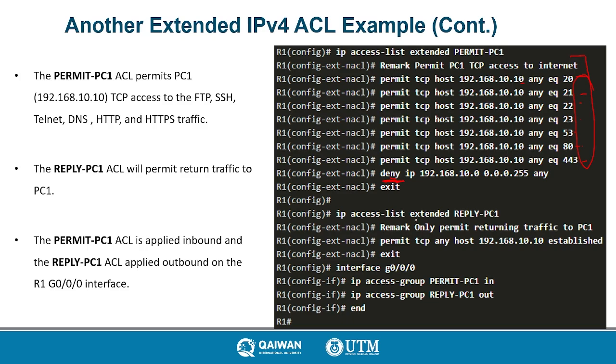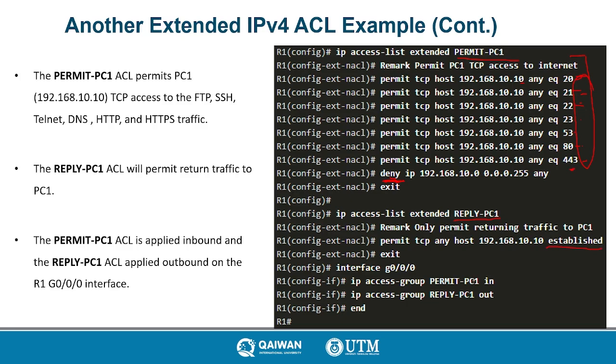Now we have IP access list extended reply. This one was permit PC1 and this one is reply. It will only let the packets come back inside the private network if it is established, if it is any of these.